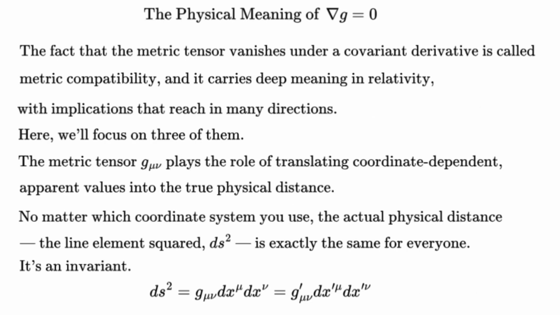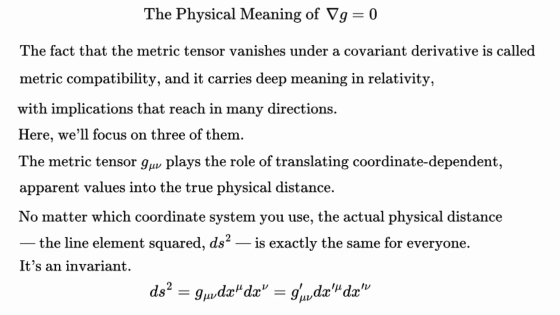The physical meaning of nabla g equals 0. The fact that the metric tensor vanishes under a covariant derivative is called metric compatibility. And it carries deep meaning in relativity, with implications that reach in many directions. Here, we'll focus on 3 of them.